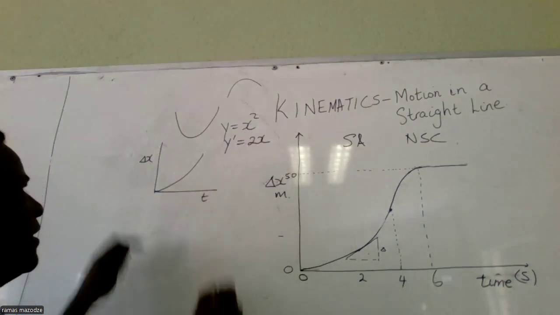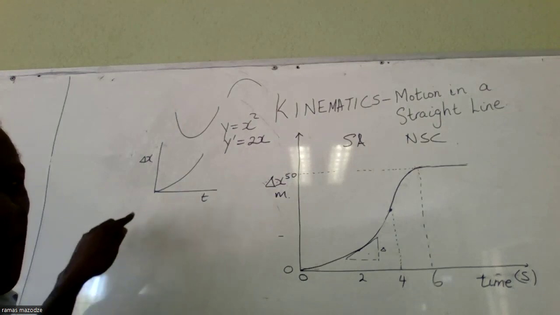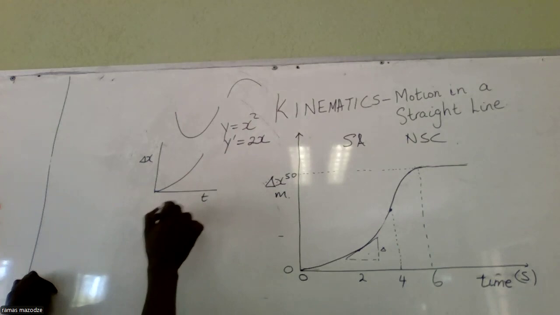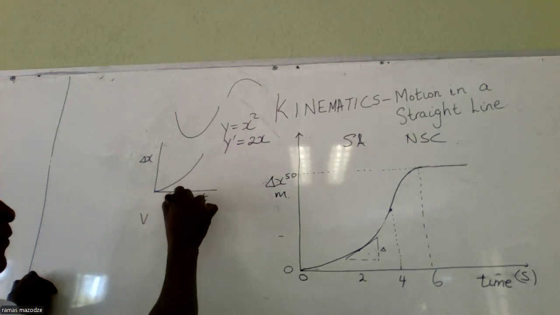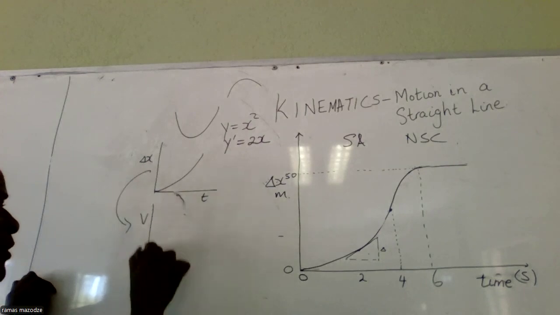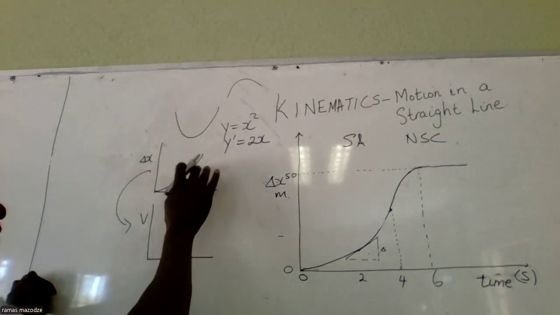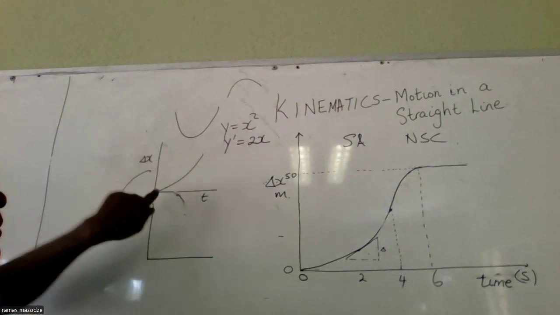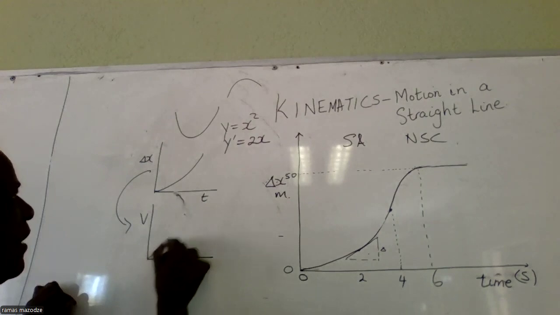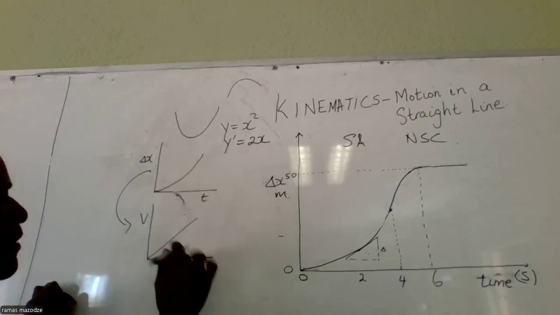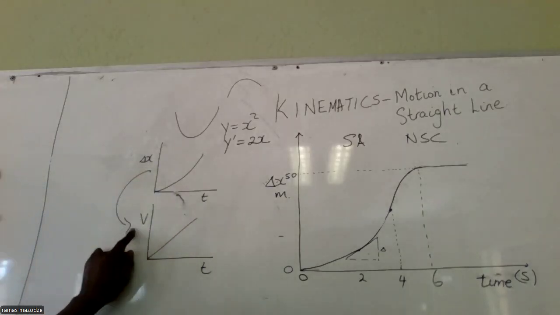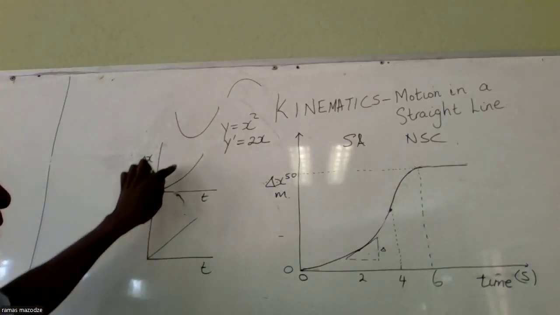So if you differentiate a displacement time graph, you get a velocity time graph. For the same time period, the velocity time graph would be a straight line here, because the gradient of a displacement time graph is velocity.